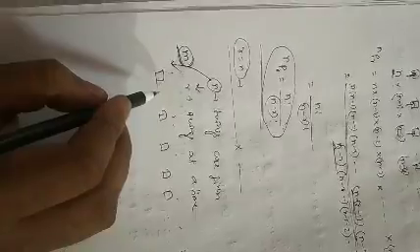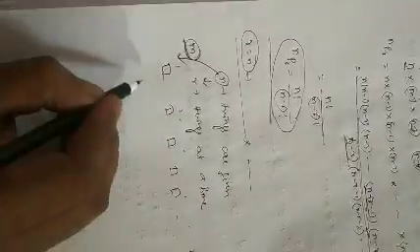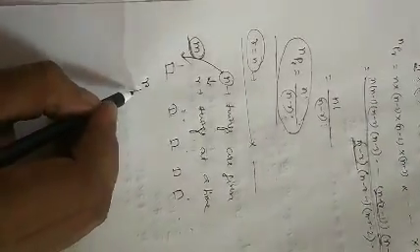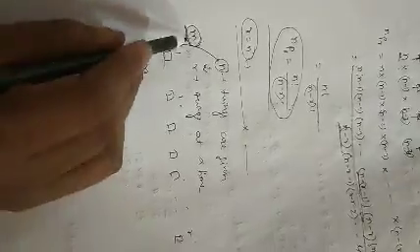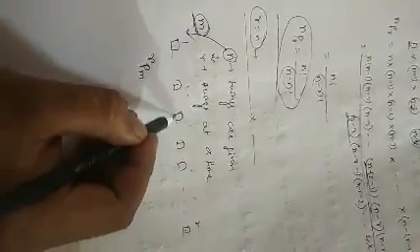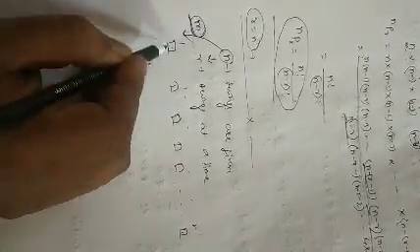So m things can be placed in r places in rPm ways. Say the m things are placed in places 1, 2, 3 up to m, then dots up to r.